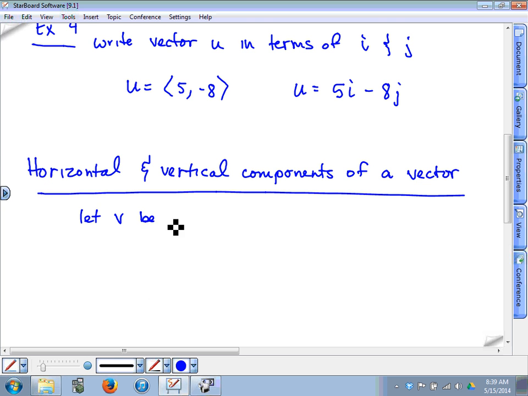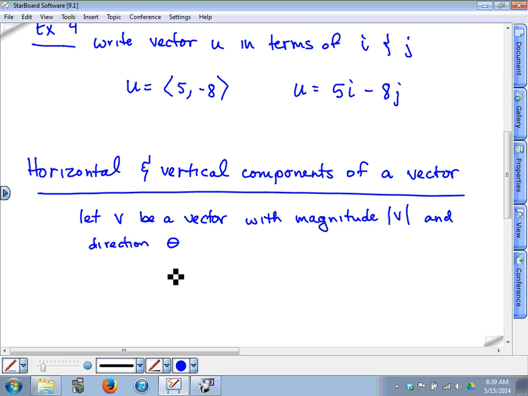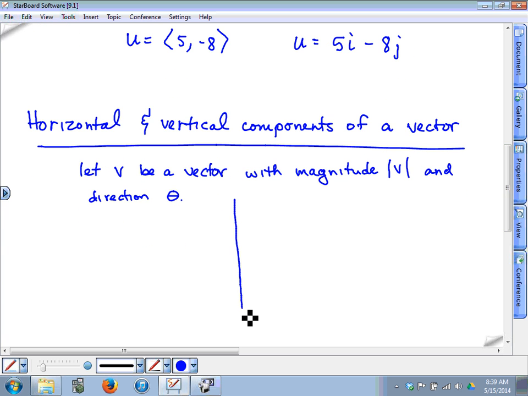Let V be a vector with magnitude and direction theta. So let's draw this real quick.